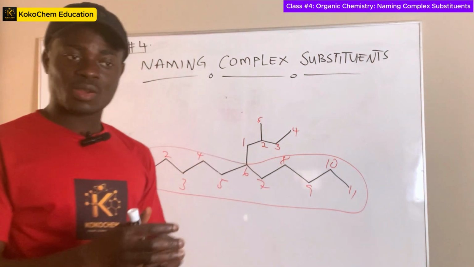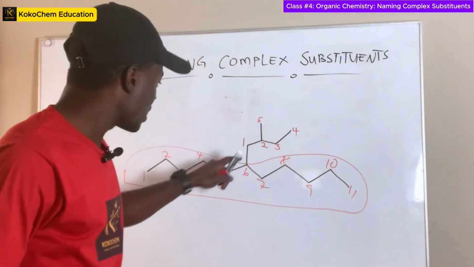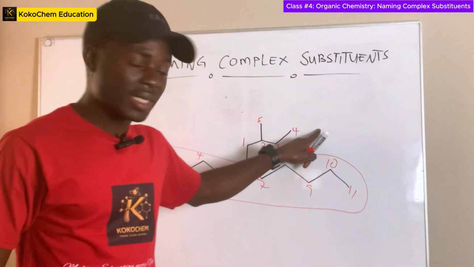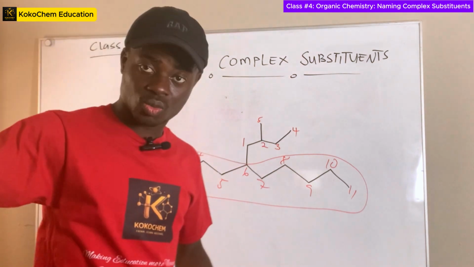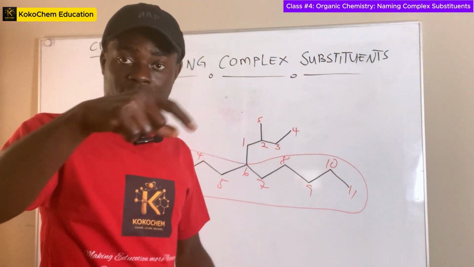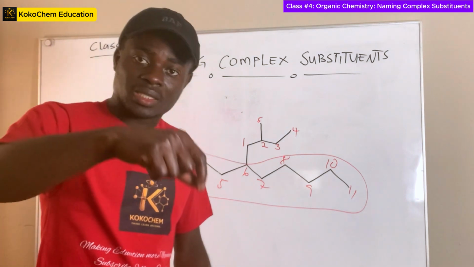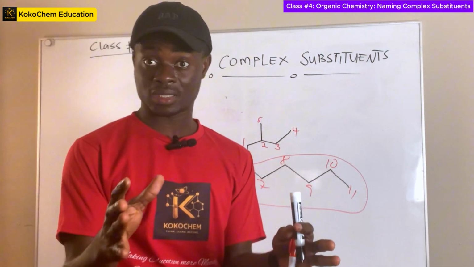So you get a substituent wey day on top of it. So we get 4 carbons. Then there's another carbon on top of carbon number 2. So that carbon wey dey number 2 go be a substituent on the entire 4 carbon substituent. That be a complex substituent.